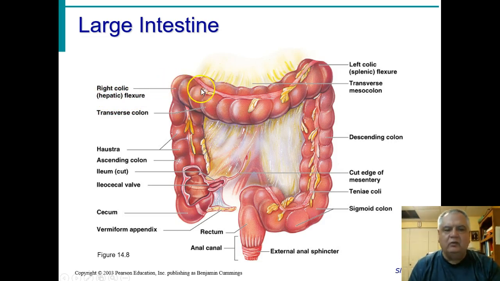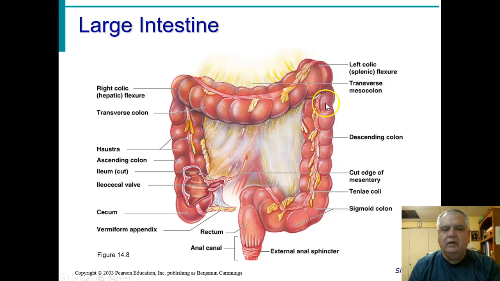The large intestine then runs across the abdominal cavity just beneath the diaphragm. Then there is another kind of 90-degree bend in the colon, and this bend occurs underneath the spleen on the left side, so it's referred to as the left colic or splenic flexure.